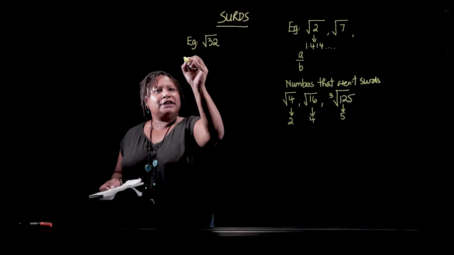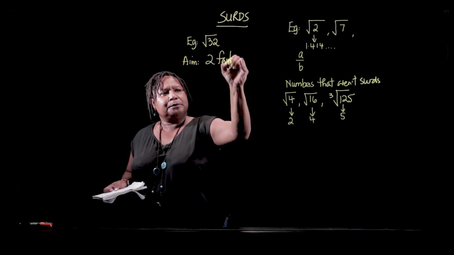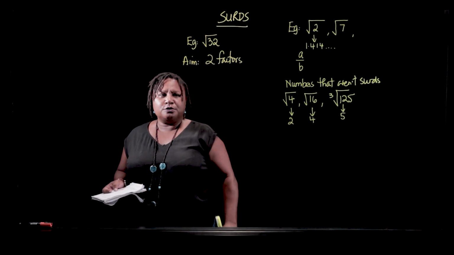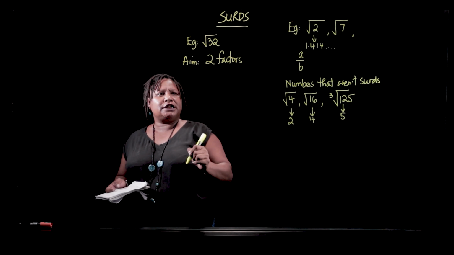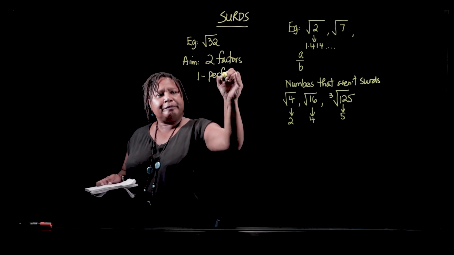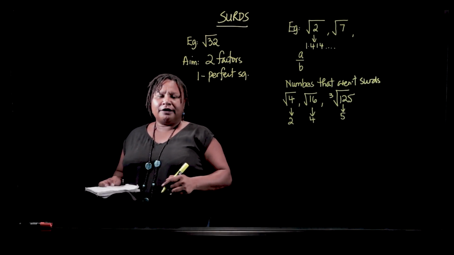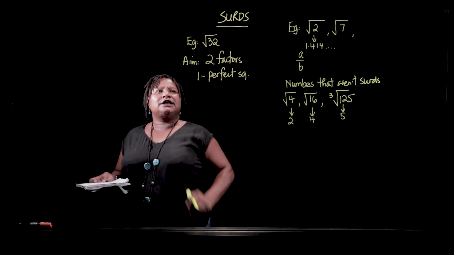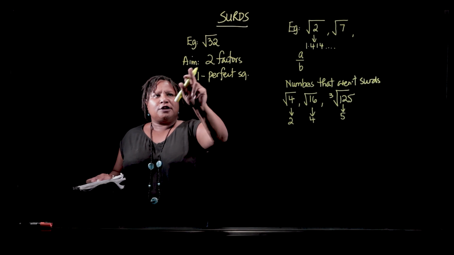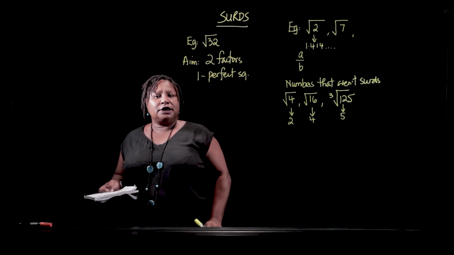The main aim here, okay, what's the aim? Find two factors of 32. Okay, two factors of 32. One factor has to be a perfect square, all right, with another number. Okay, so if you look at 32, and you find two factors that will give us a product of 32.